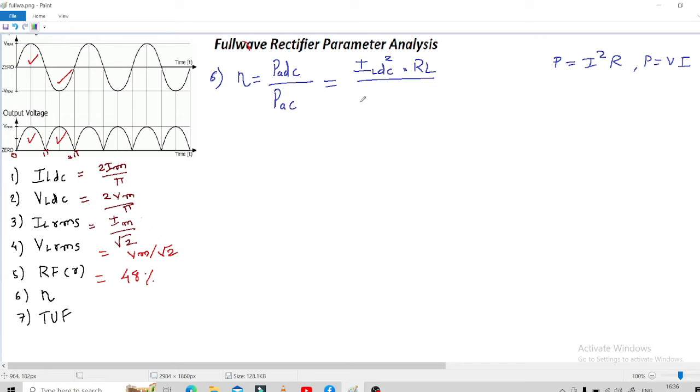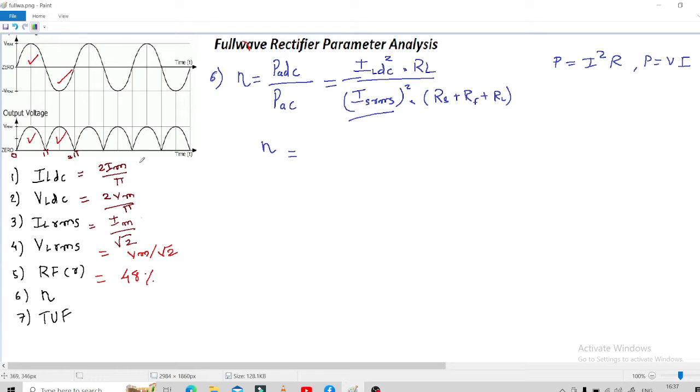Now PAC is nothing but ISRMS square into source resistance plus rectification resistance plus load resistance over here. Okay, now we can substitute this value. Already we have derived this value over here, so we just substitute it. So eta is equal to ILDC.